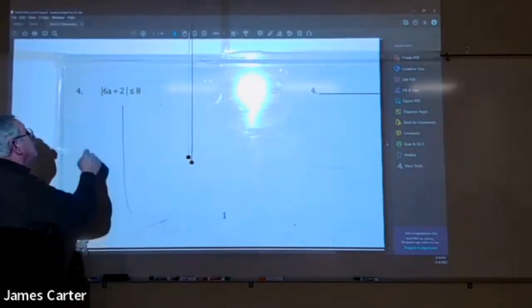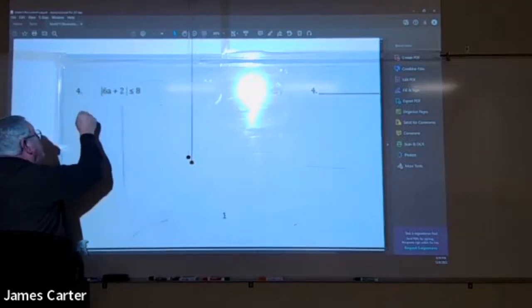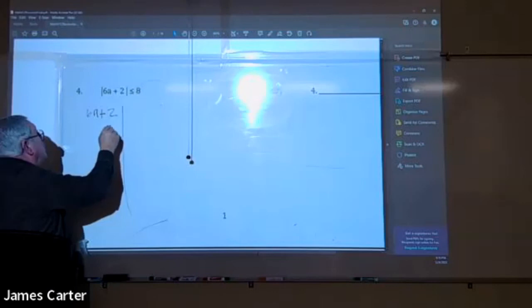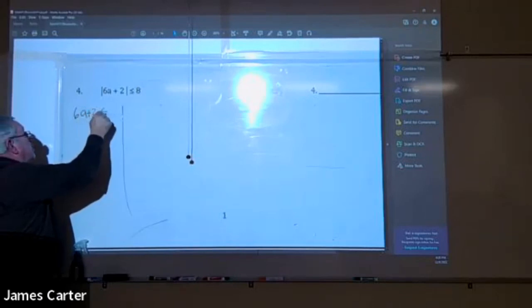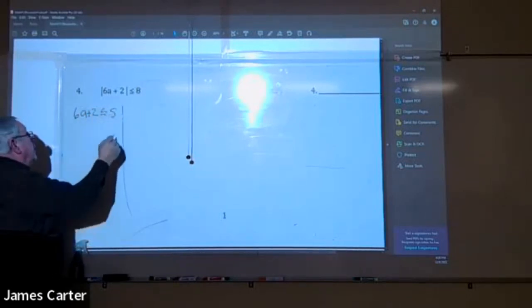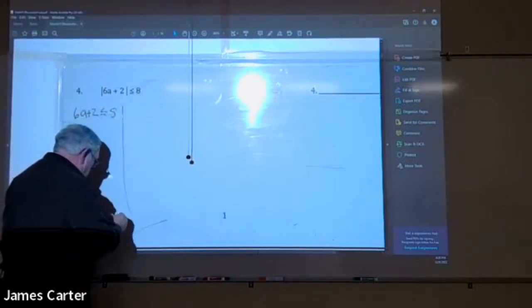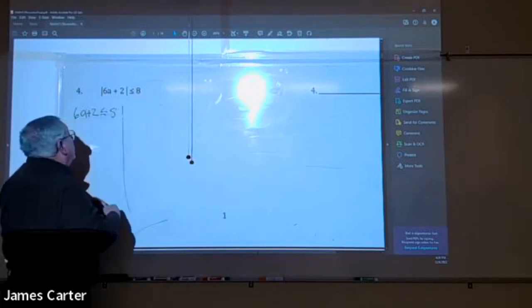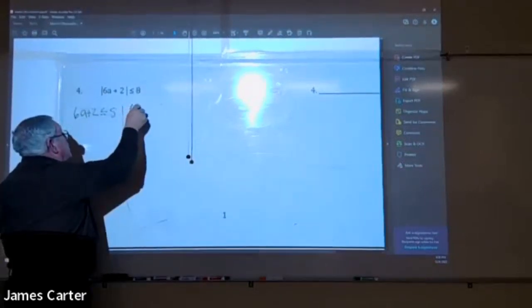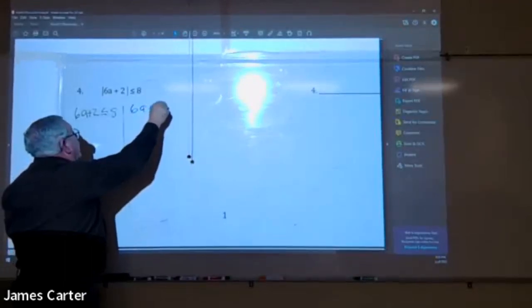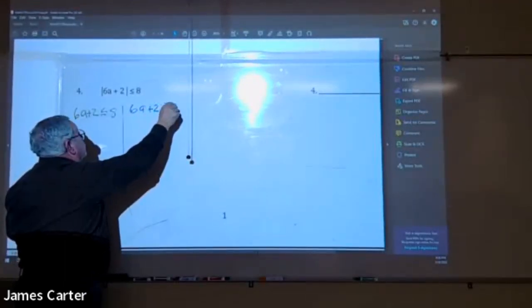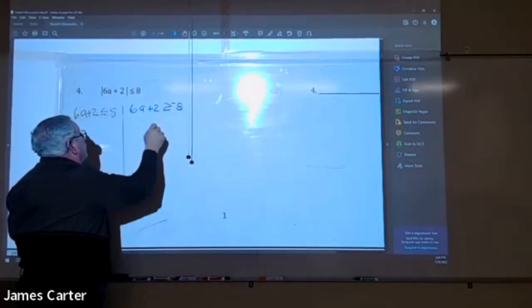once again. 6a plus 2, oops, I'm going to spread this out. 6a plus 2 less than or equal to 8. Here's the important part. 6a plus 2 greater than or equal to negative 8.